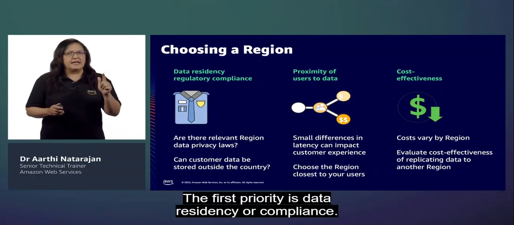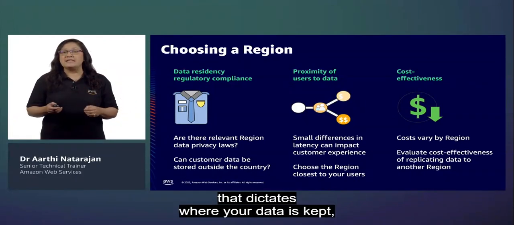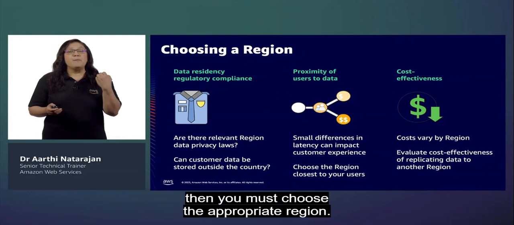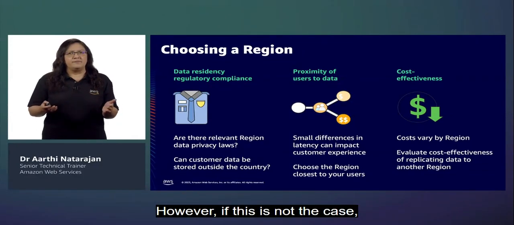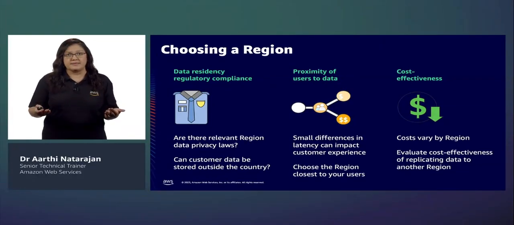The first priority is data residency or compliance. If you have a regulatory or legal requirement that dictates where your data is kept, maybe it has to stay within the country it originated from, then you must choose the appropriate region. However, if this is not the case, then you have some flexibility to choose.